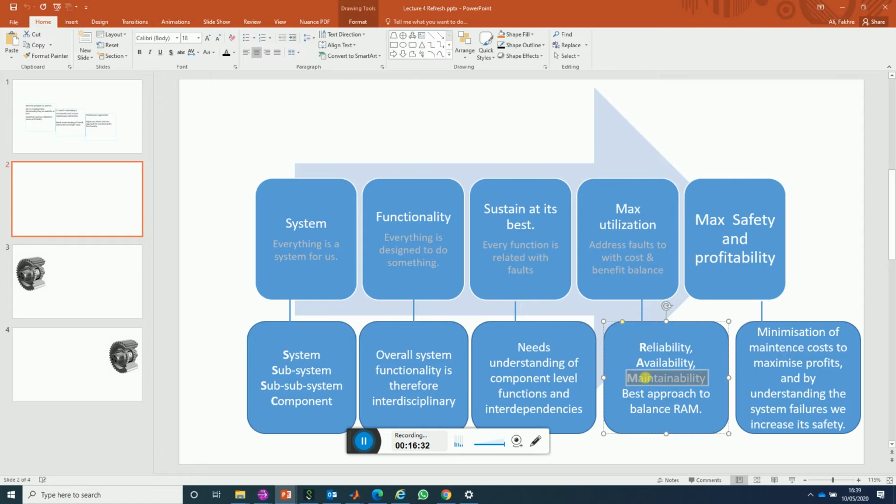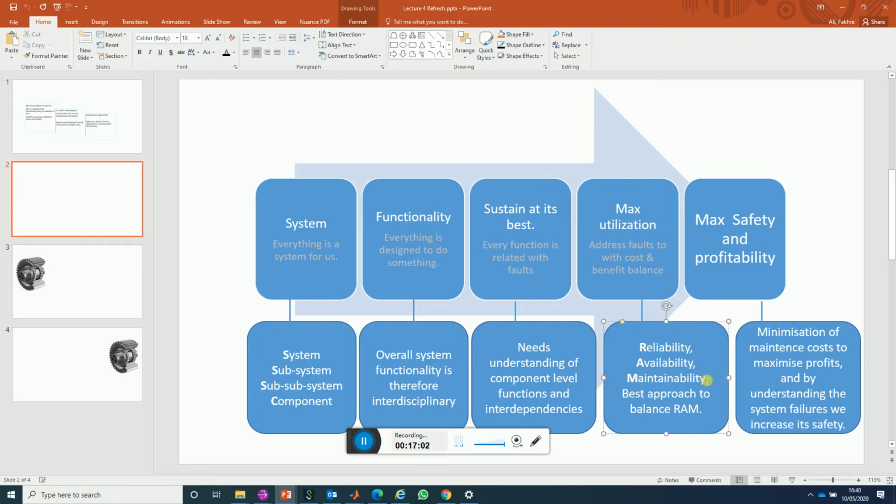So the maintainability of the system is well understood. For example, if the fuel system suddenly fails, you already have diagnostics in place for the system. So maintainability means how quickly you can recover a system to go back to its functional state.